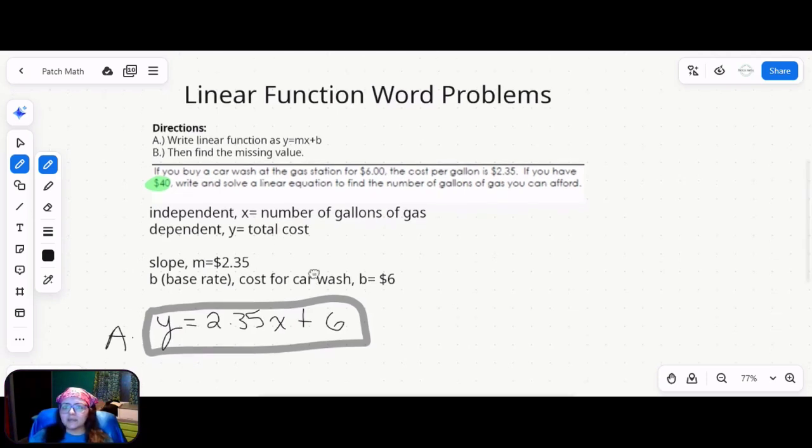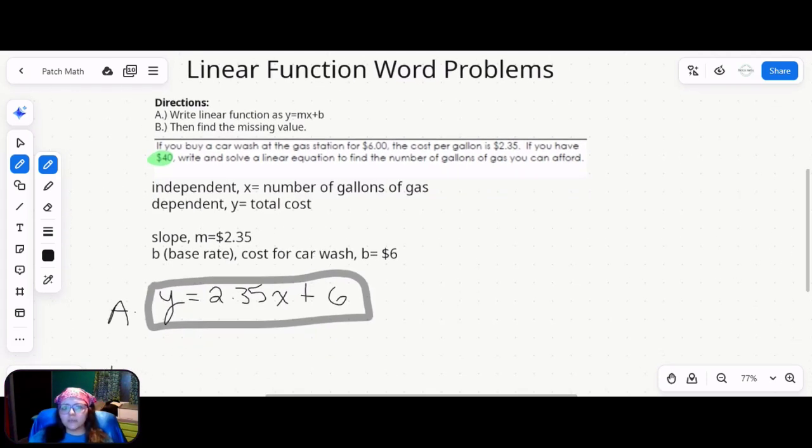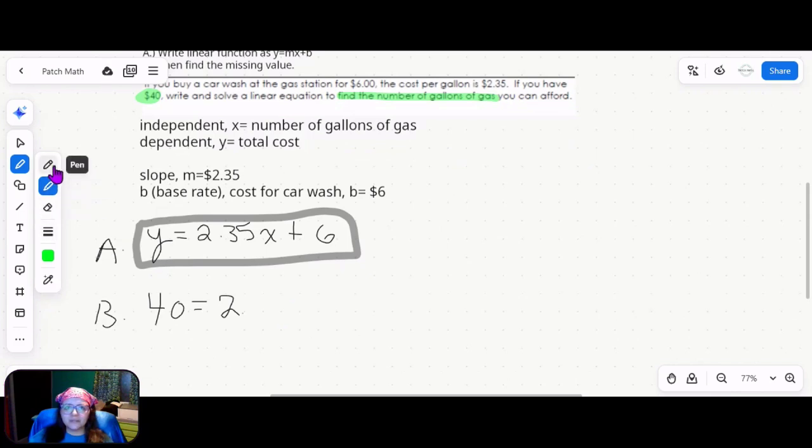In this case, we have our situation for B where our cost needs to be $40. So y equals cost there. And then the rest will stay the same because we're trying to find the number of gallons of gas you can afford for $40.